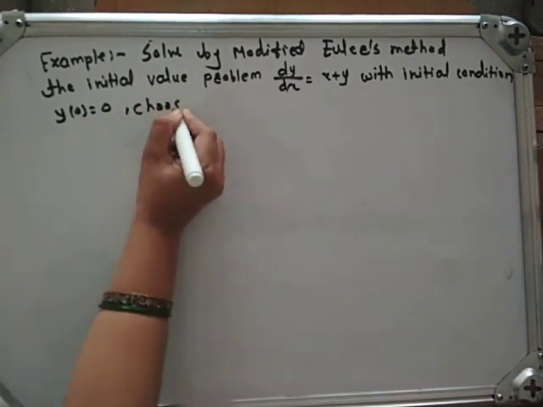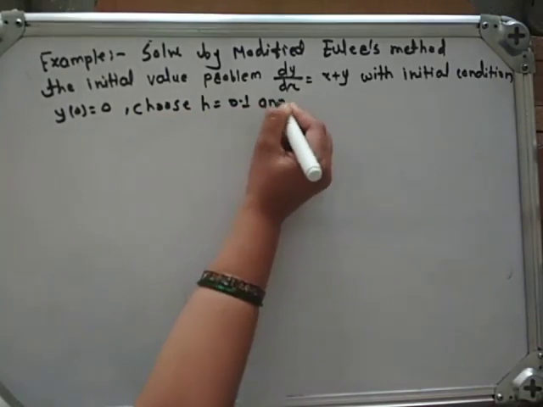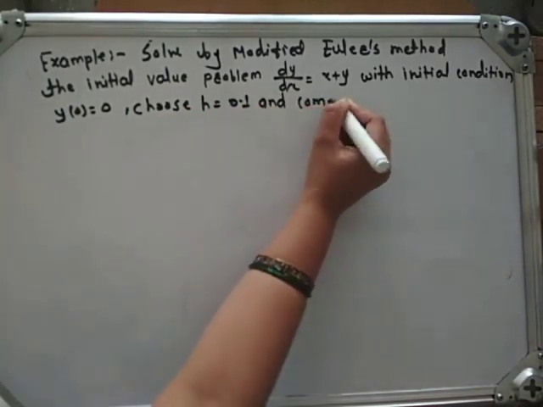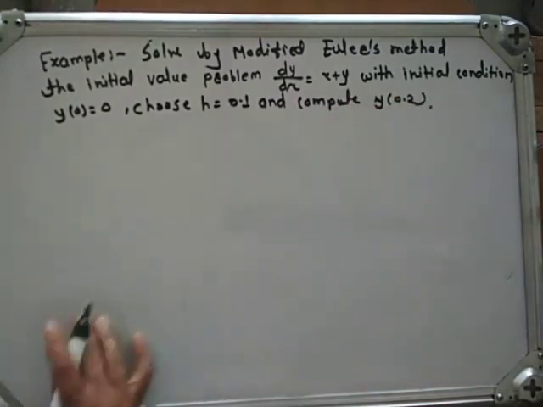Choose h is equal to 0.1 and compute y of 0.2.